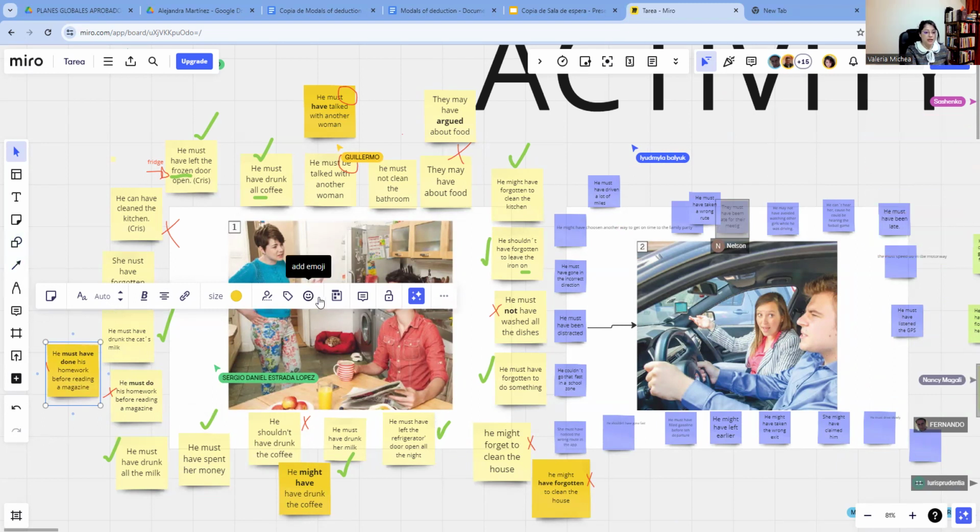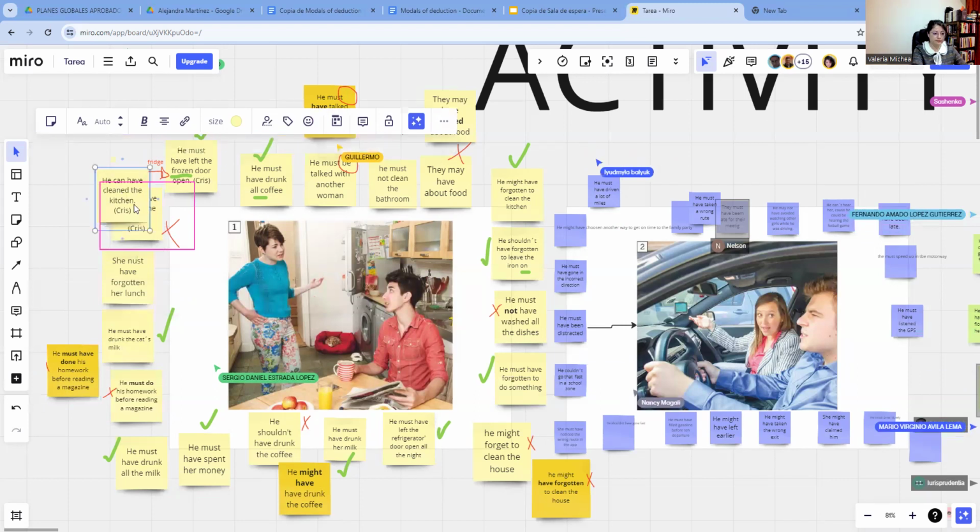All right. And finally, we have one last example that is incorrect, and it is this one. He can have cleaned the kitchen. Why is this incorrect? It seems like it could be correct, but what is the problem with this one?